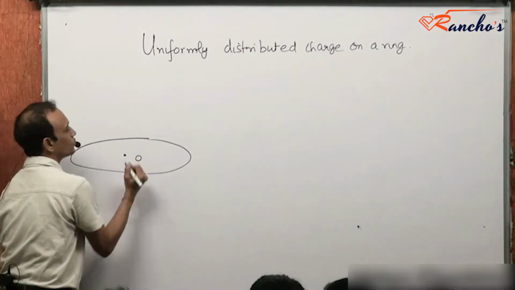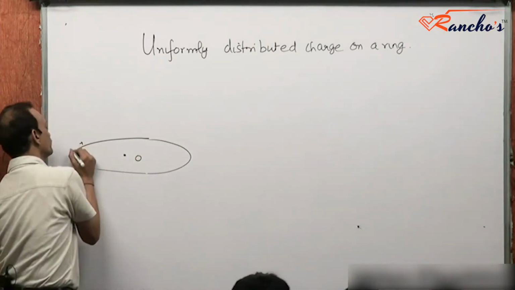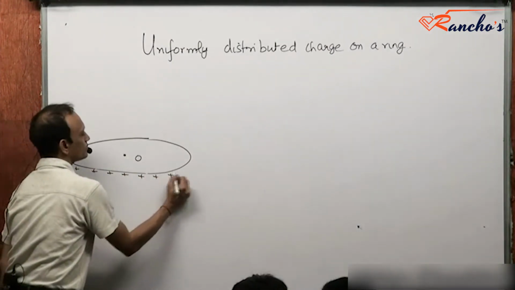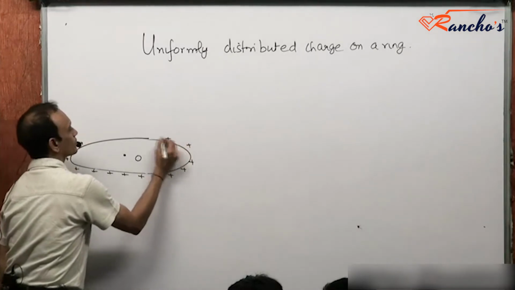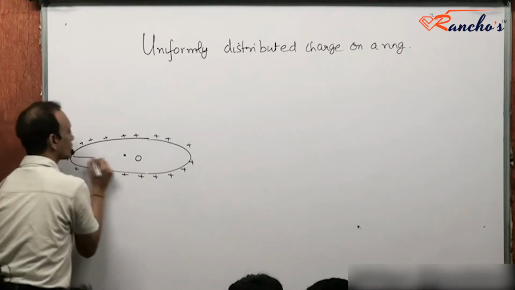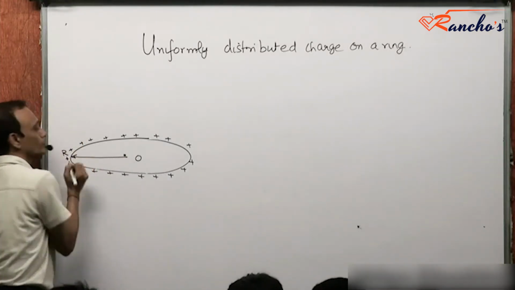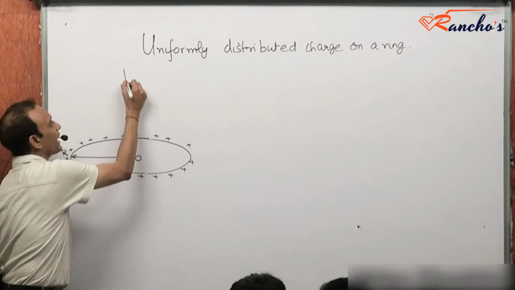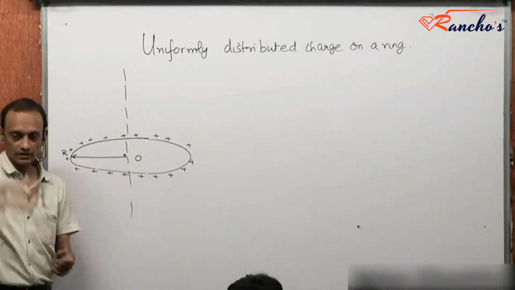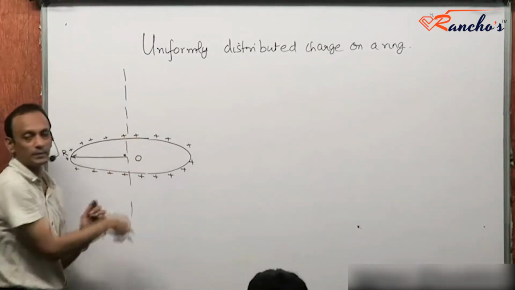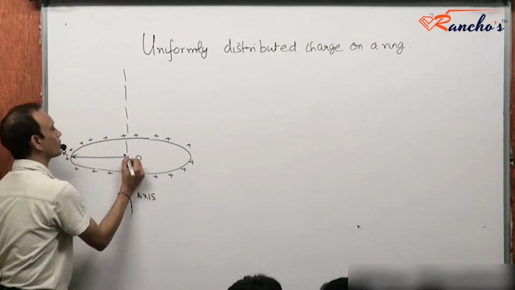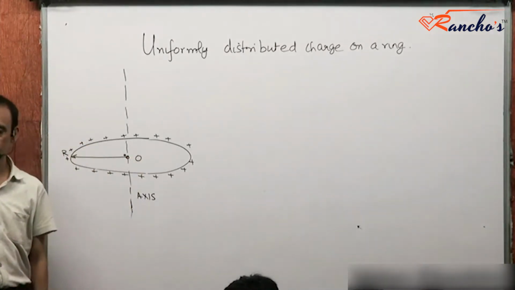It has a center O. And there is charge uniformly distributed. This is the axis of the ring. समझ रहे हो axis? Ring है passing through the plane of the ring, perpendicular to the ring. This is the axis of the ring. O is the center of the ring.